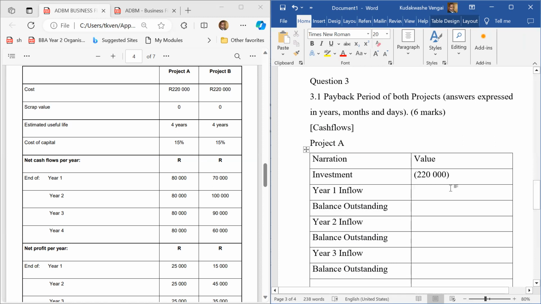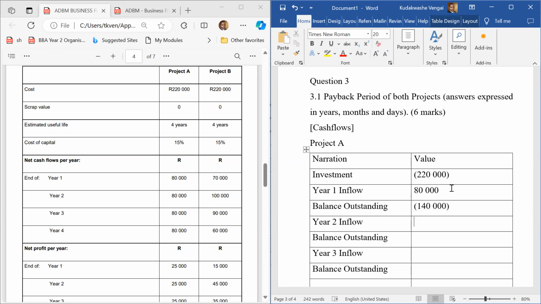So year one, how much money did we get? Under our cash flows, we got 80,000. So we put that in a calculator. Negative 220,123, plus 80,000. We are left here with 140.